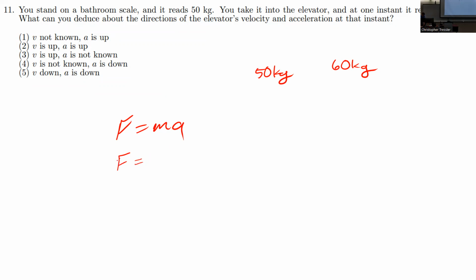But now this has gone from a lower number, if I erase this, to a higher number. We've gone from a lower force to a higher force. Our mass is still the same. What happens to the acceleration? It goes up as well. They're proportional. So that is why, once again, we don't know anything about the velocity, but we know the acceleration is up.